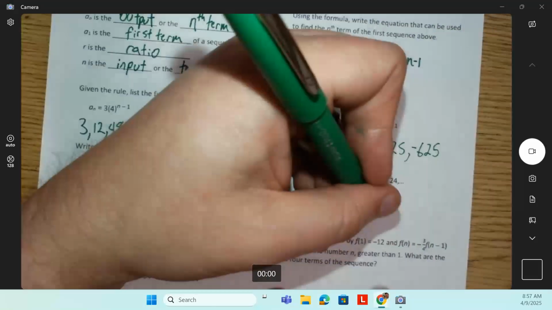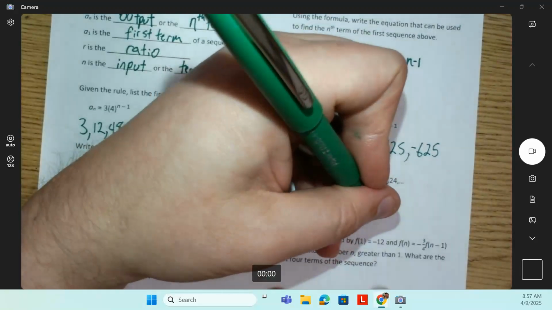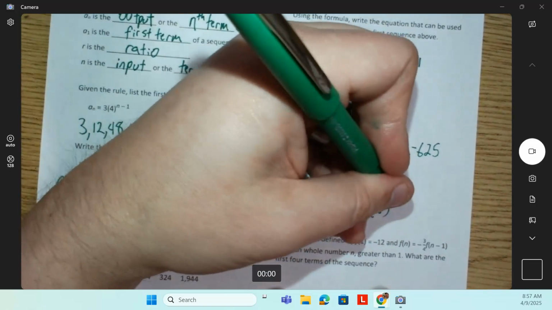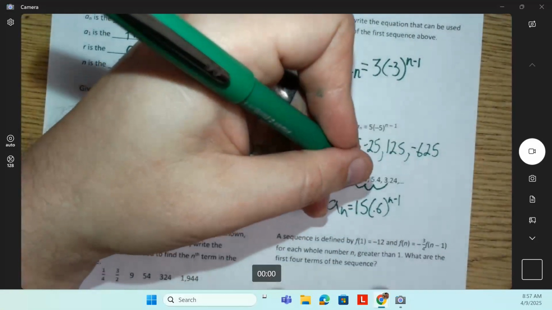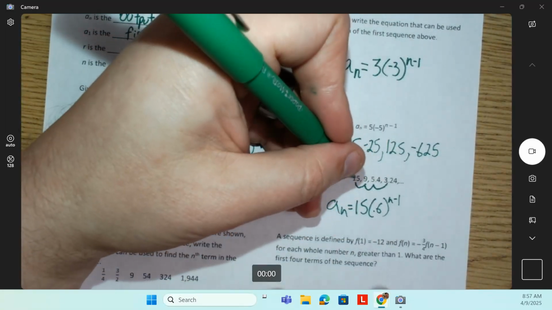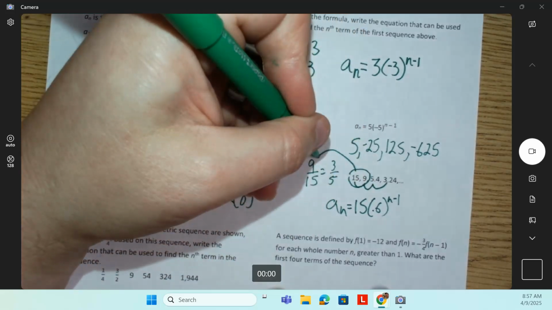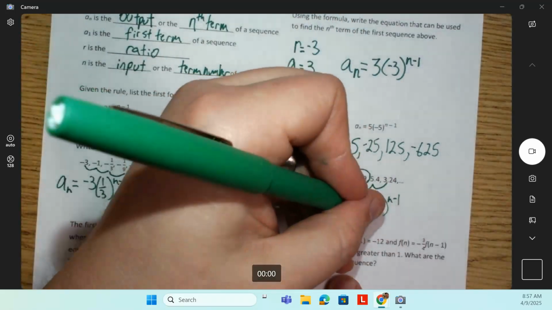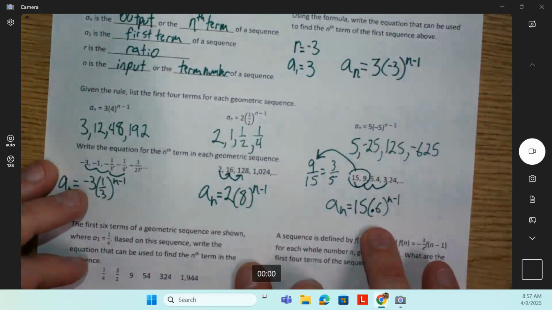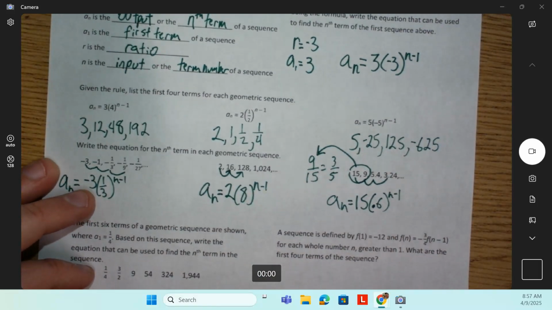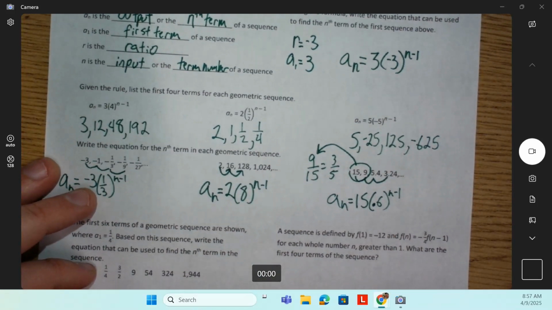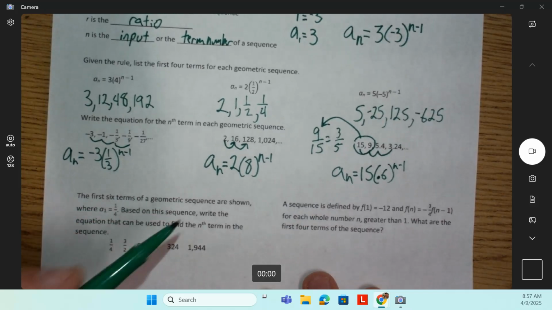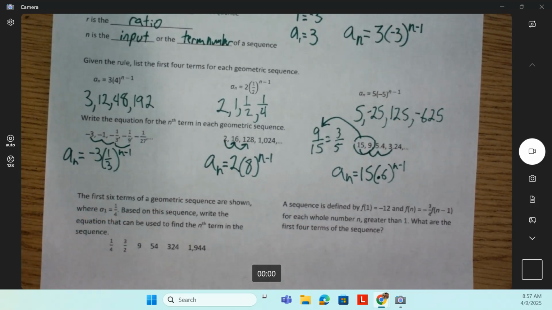So if we divided it, I would get 0.6, or we could just write 3/5 to the n minus 1. But that's just taking those first two and dividing or simplifying in order to get that number, similar to what we've done to get the b value in our exponential equation. So that gives you a good idea of how to work these. You've got a couple you can practice on along with your assignment.